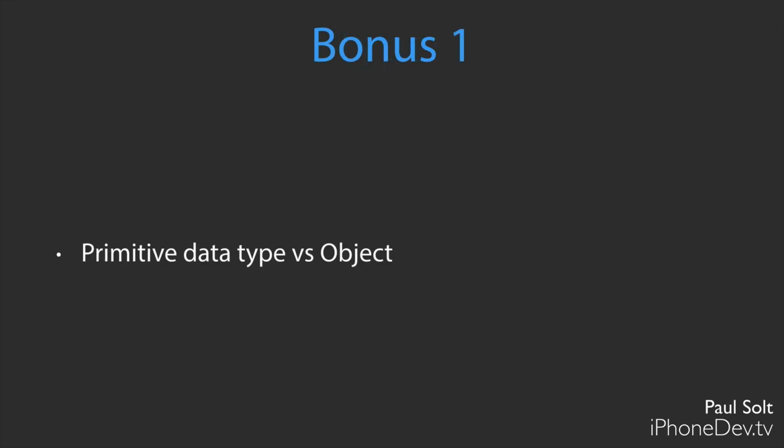All right, so the bonus one, if you didn't know, is what's the difference between the primitive data types versus objects. A primitive data type is something like int or float. It's a number or a value, but it doesn't have any kind of functionality. Whereas an object is something that can have both state and behavior.